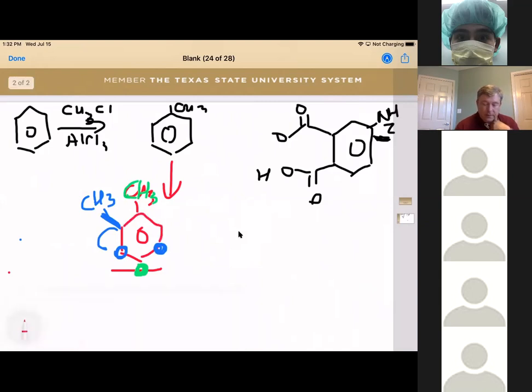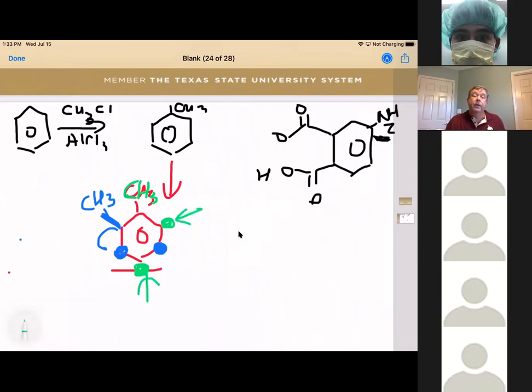Okay, so that blue directs to this position and this position because those are para. This one directs to this position and this position because it's ortho, right? This is ortho to the green and this is para to the green, right?